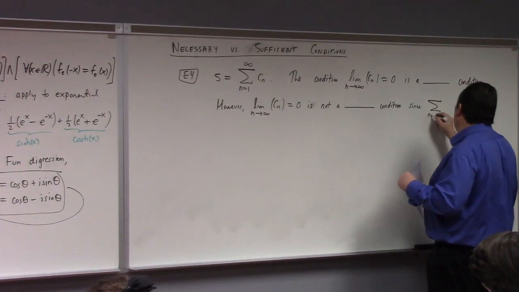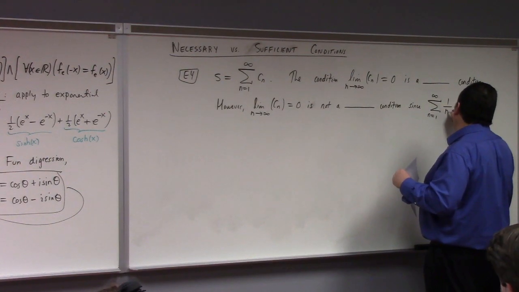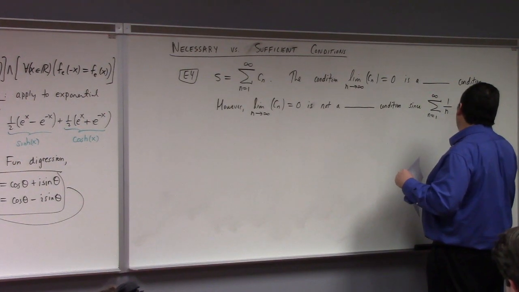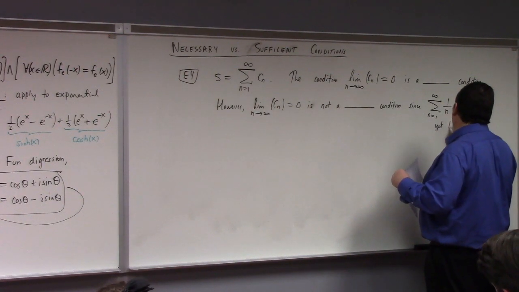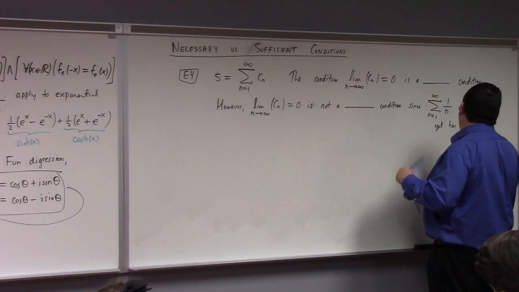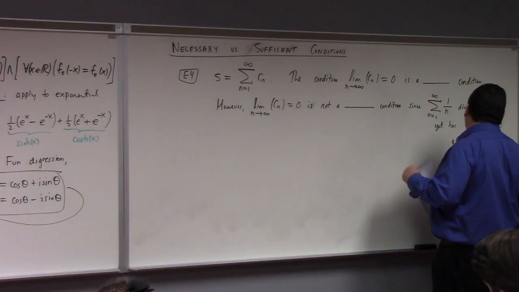The sum n equals 1 to infinity of 1 over n diverges, yet has c sub n equals 1 over n going to 0 as n goes to infinity.